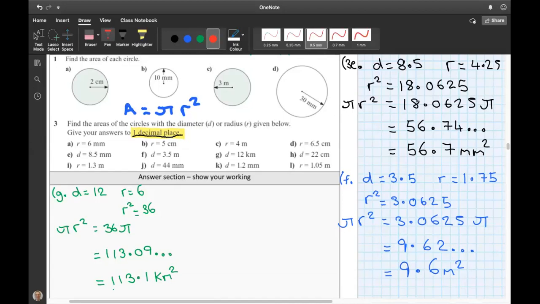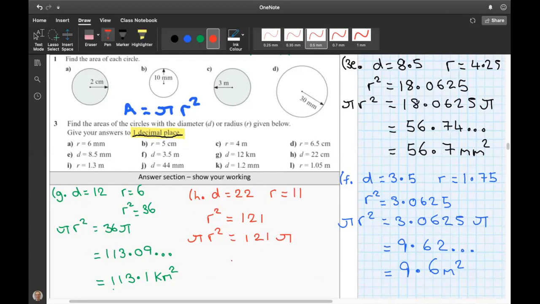Okay, going to have a look at H now. For H, our diameter was 22. So our radius will be half that, 11. Our radius squared, 11 times 11, gives you 121. So pi r squared will be 121 pi.